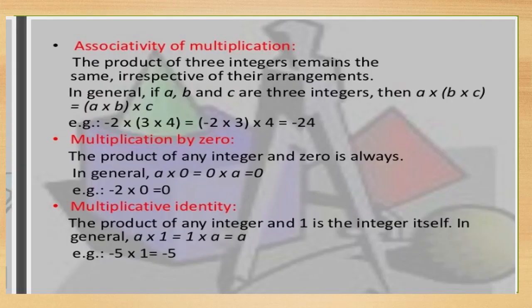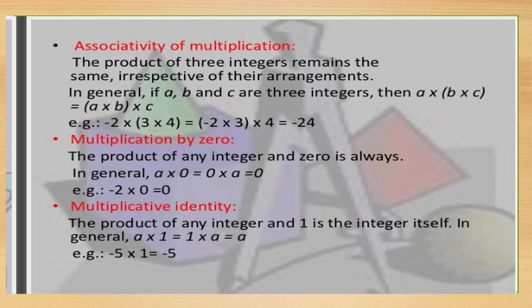Associativity of multiplication. The product of three integers remains the same irrespective of their arrangements. In general, if a, b and c are three integers, then a into b into c is equal to a into b into c.